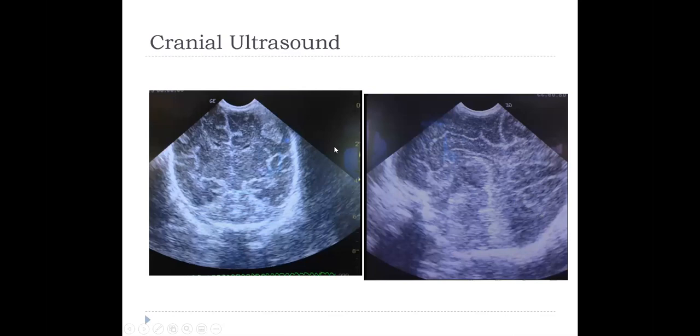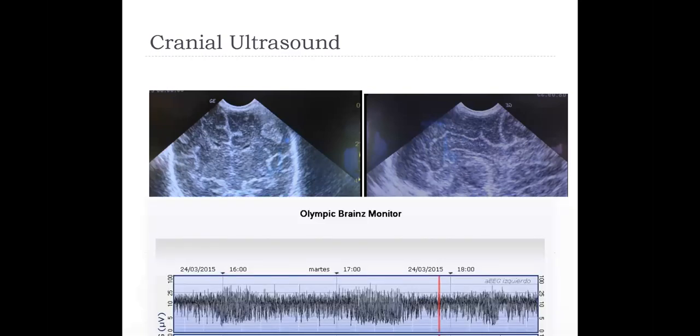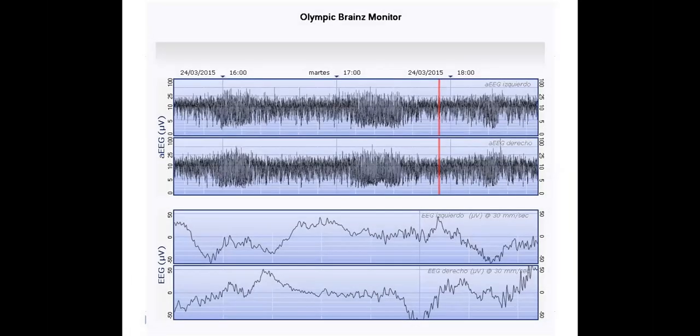And what this means is that it's not a 28 weeks baby. When we started the aEEG, we found a completely normal continuous pattern with mature sleep-wake cycling without seizures, suggestive of more than 36 weeks.